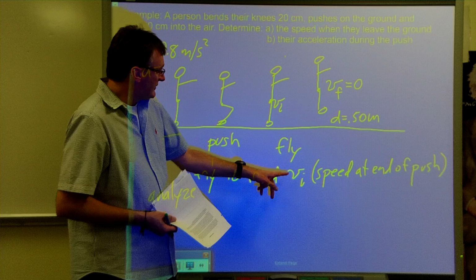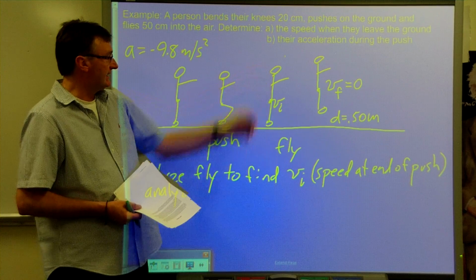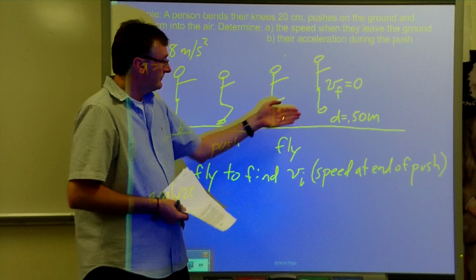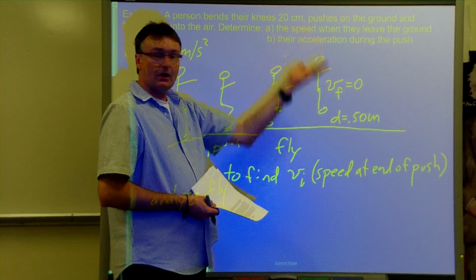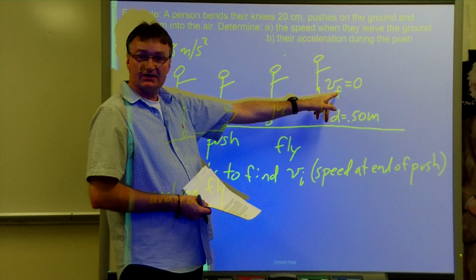So we want to find the initial velocity or the speed of the push-off as soon as they leave the ground. Now, as I mentioned earlier, when something is launched up into the air, at the top of its motion, its velocity is 0.